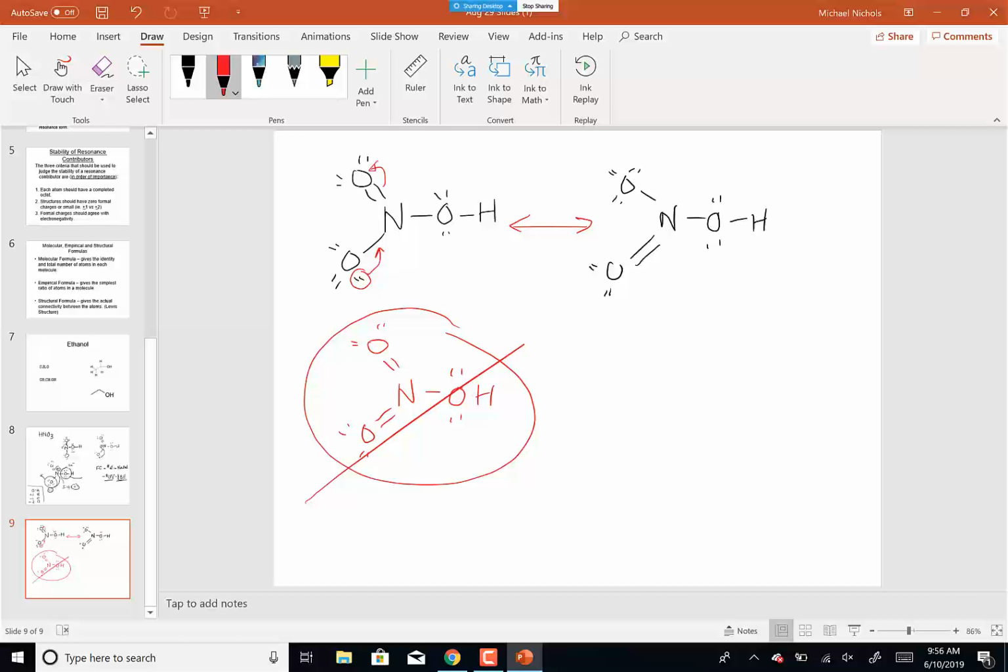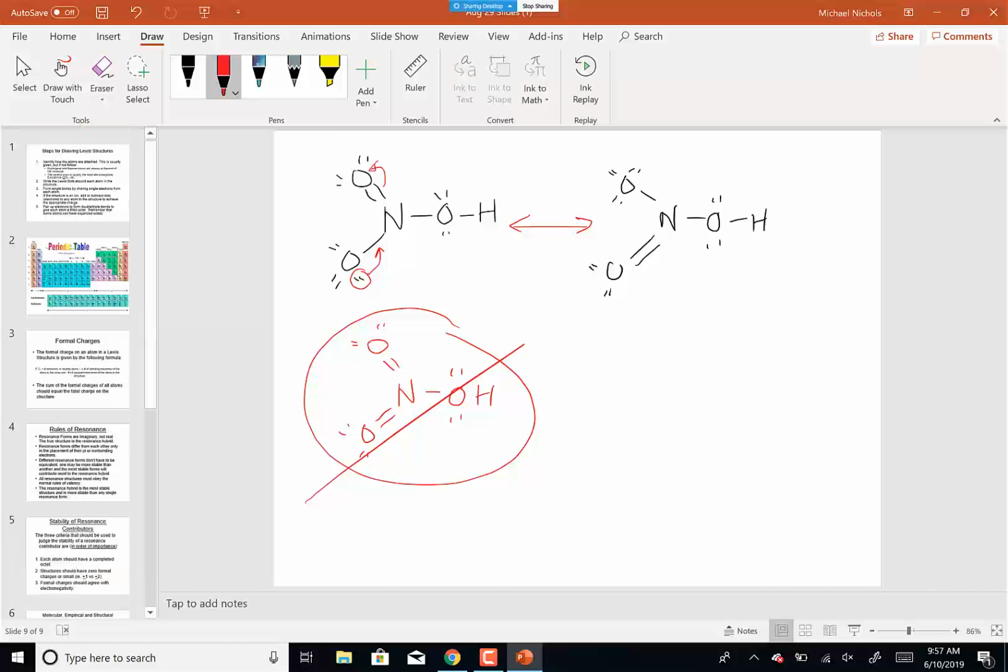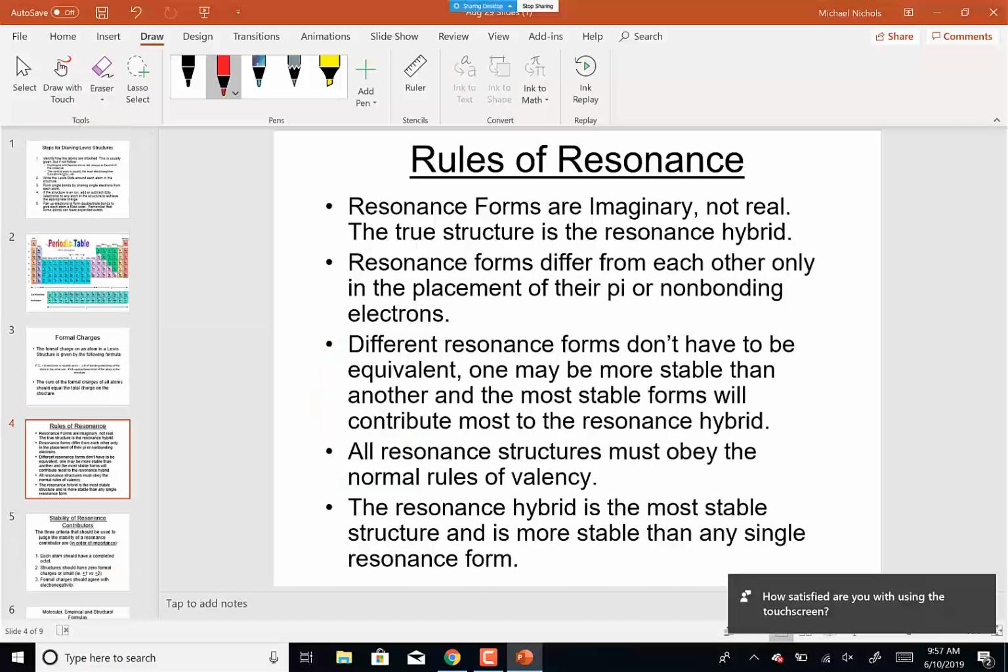Now I'll go back here because we need to refresh the formal definition of resonance structures. There are some rules of resonance that we always need to follow. So those are the two resonance structures for nitric acid. Now, let's go back to the rules of resonance.